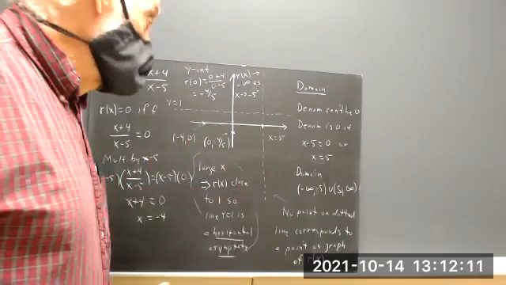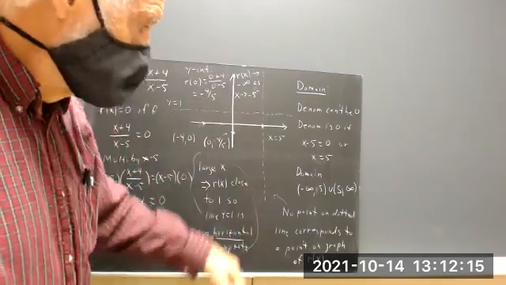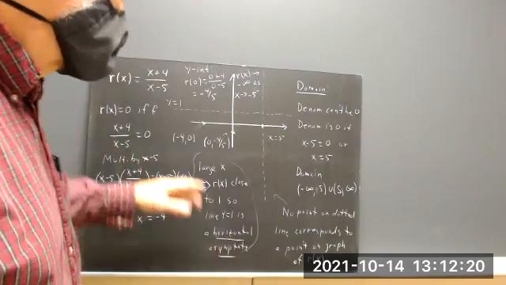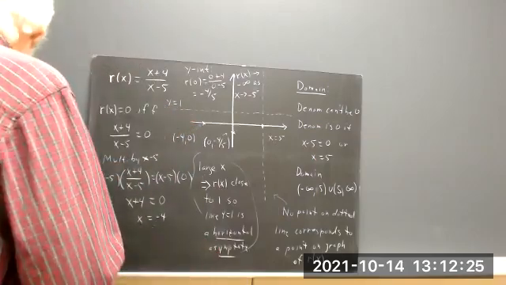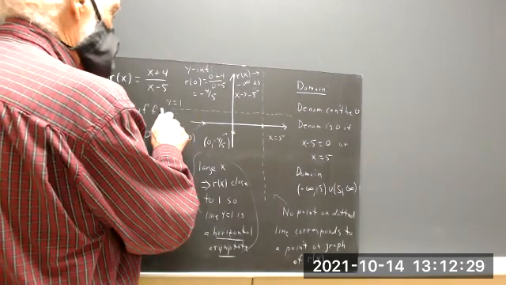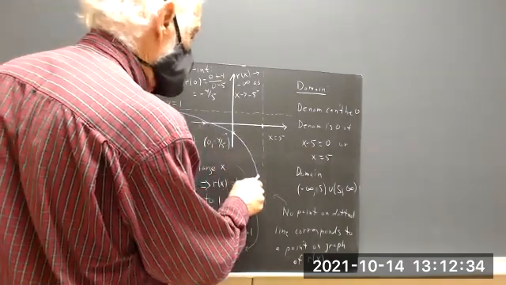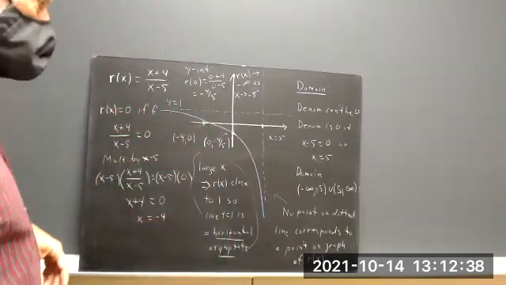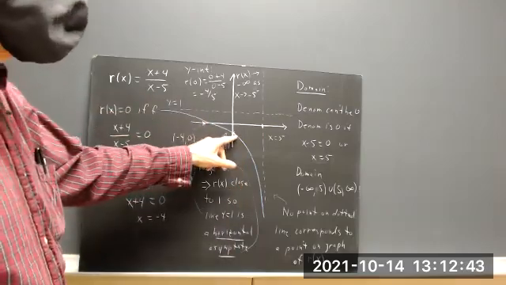So already we know something about this graph. It's going to approach this line as an asymptote. So it's going to look like this. I kind of missed those points, but it started off right. Get the idea. It goes through this point.